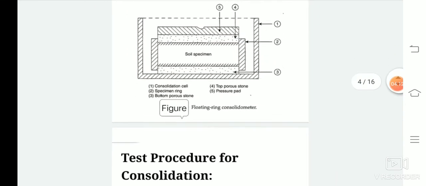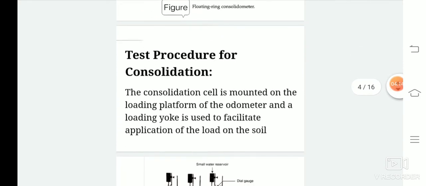So now, how does this test proceed, or how does the test procedure take place? Normally, the consolidation cell is mounted on the loading platform of the odometer, and a loading yoke is used to facilitate the application of the load on the soil.